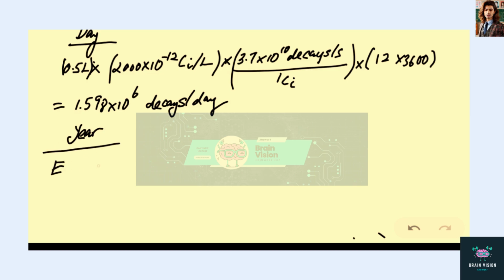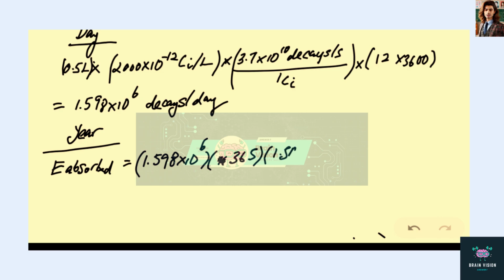So the energy absorbed in a year: we take the number of decays in the day, multiply that by the number of days in a year, about 365 days, and then multiply that by the energy released per decay, that is 1.5 MeV.